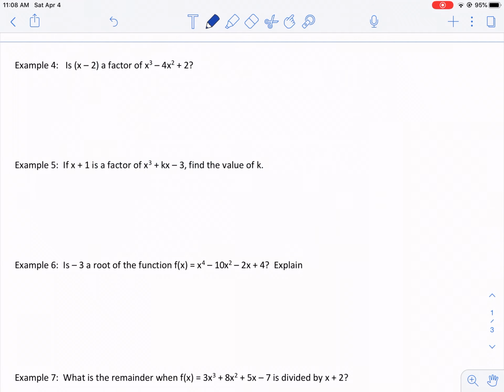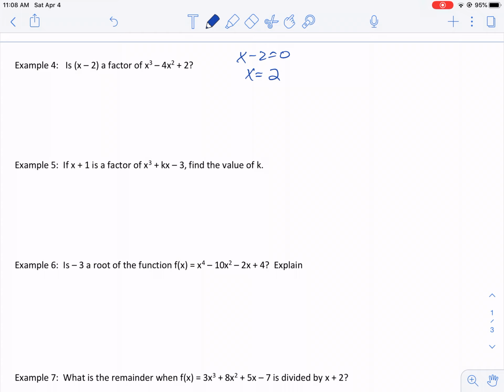All right, so another way to ask it. Is x minus 2 a factor of this polynomial? You don't know how to factor that one. Okay, so x minus 2, if it were a factor, that would make the root a positive 2. If we take that positive 2 and plug it in, we should get a 0 because roots happen when y's are 0.